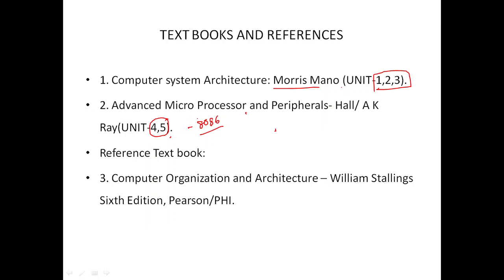The Hall textbook is very much preferred when it comes to the 8086 microprocessor. But for the normal 1, 2, 3 units, the very much suggested book is Morris Mano, and William Stallings is the reference book. William Stallings is also one of the best editions for computer organization, COA, and is very much preferred. In easy terminology you can find it. So these are the textbooks and references for your computer organization and architecture.